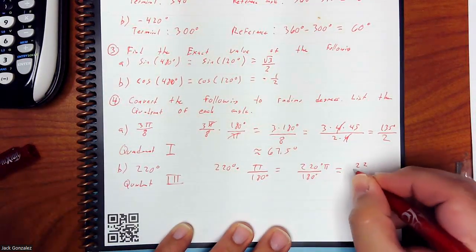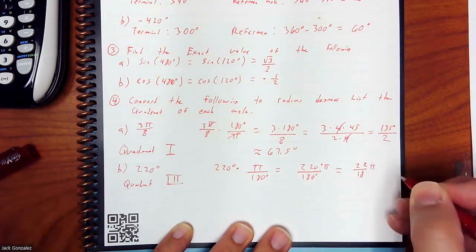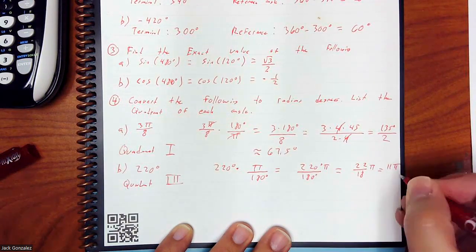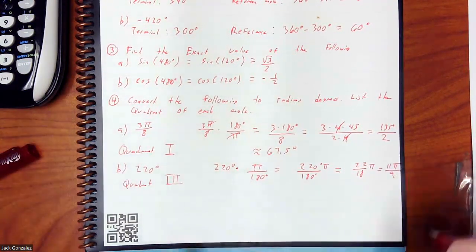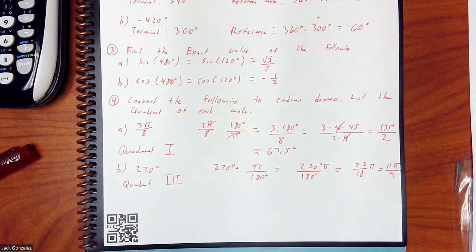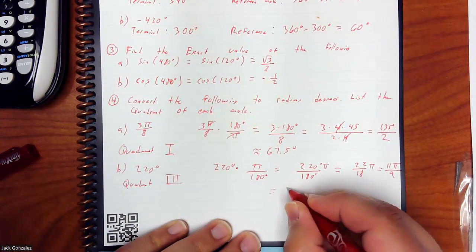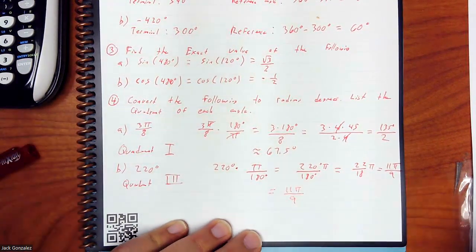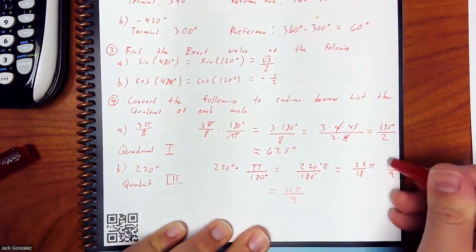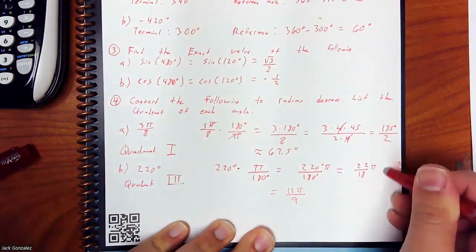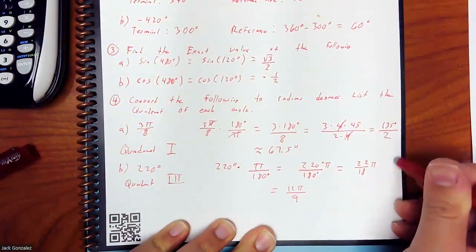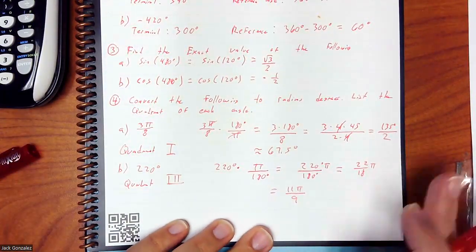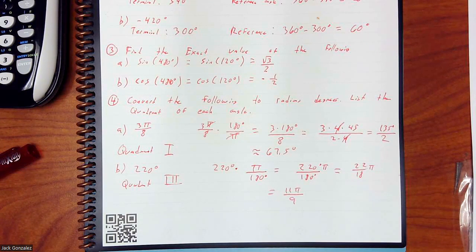That would be 22 over 18. Yeah. 11 pi over 9. Let me write it over here because I can't see it. Anyway, any questions on part B? Is that clear? Okay. Turn the page in a second.